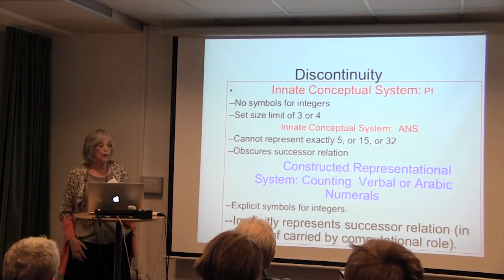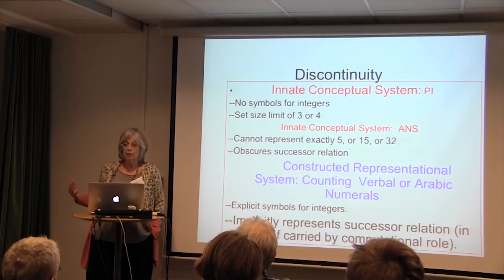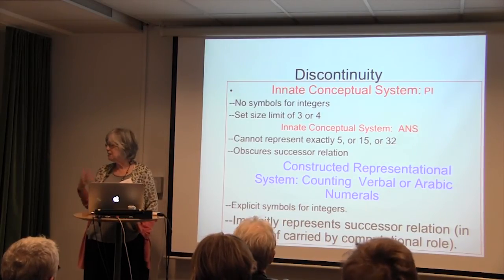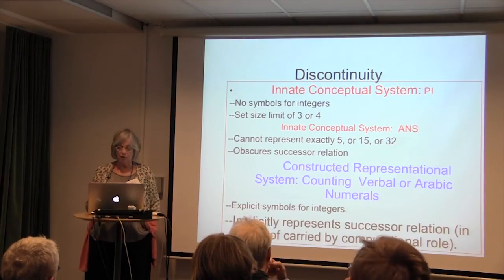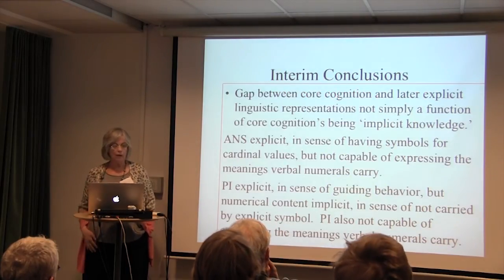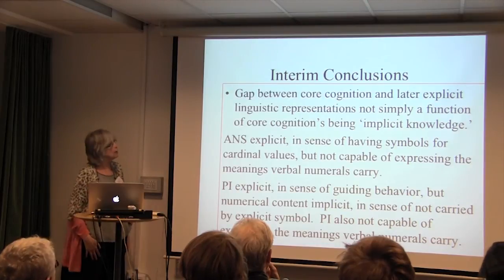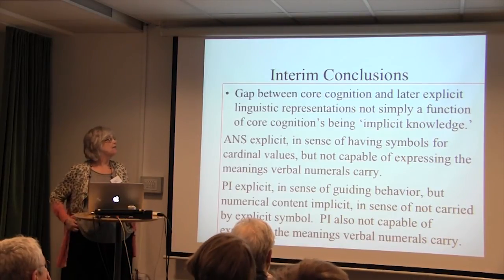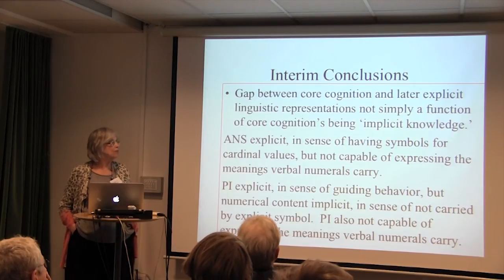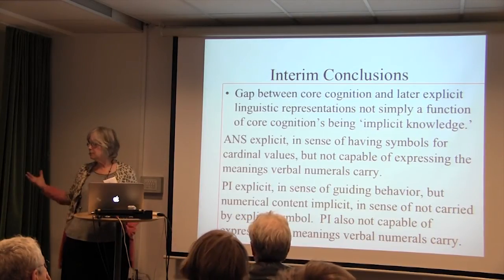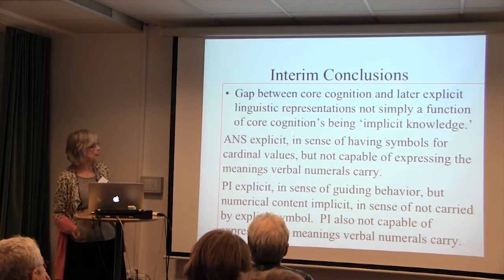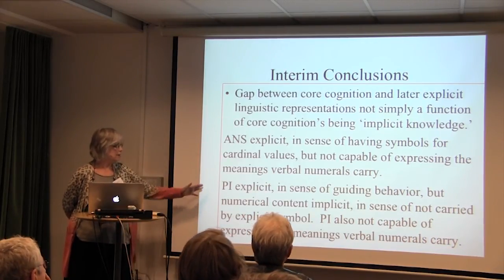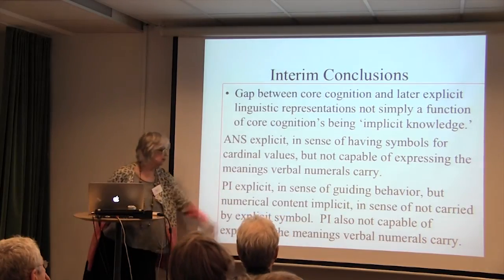So I think, but we don't know that in those cases because we don't have positive characterization of what the representations are like. And that's what I want to turn to now. So the gap between core cognition and later explicit linguistic representations is not simply a function of core cognition itself being implicit knowledge. There's explicit symbols in the core cognition. The ANS is explicit, in the sense I just said. The PI, this should say implicit.